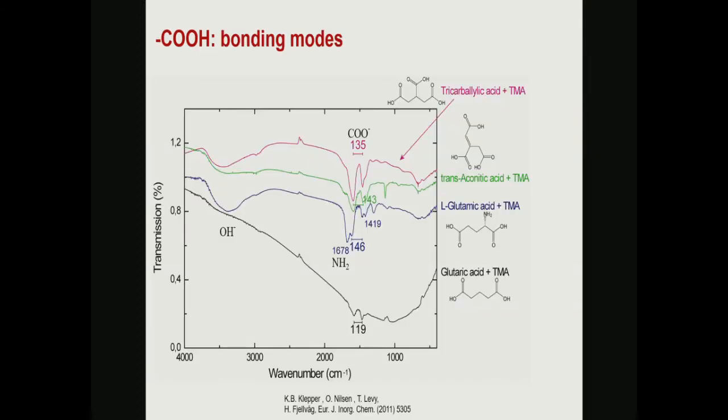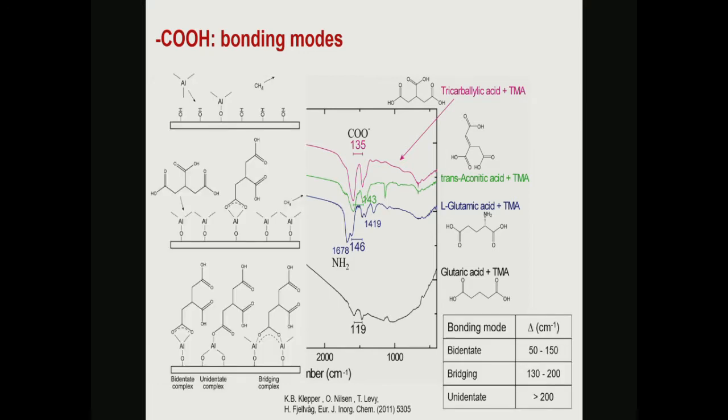When you're working with carboxylic acids, you have a nice feature in the FTIR spectrum that you can play with, and that's the feature around here. Because this can tell you whether you're bonding in a more or less bidentate complex, unidentate, or a bridging complex.